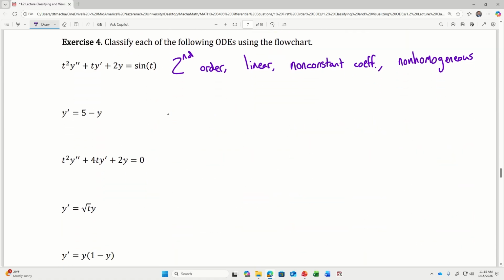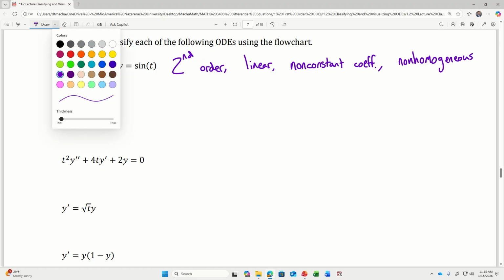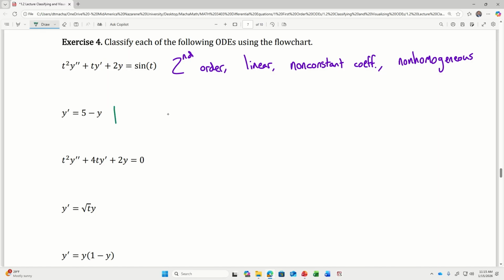Okay, the next one. I've got y prime equals 5 minus y. Is this first order or second order? First. Is it linear or nonlinear? Linear.